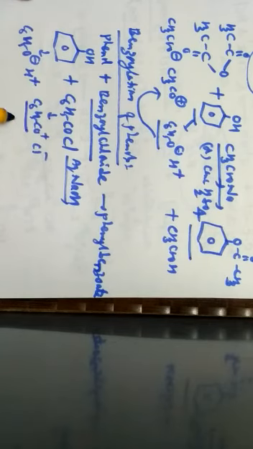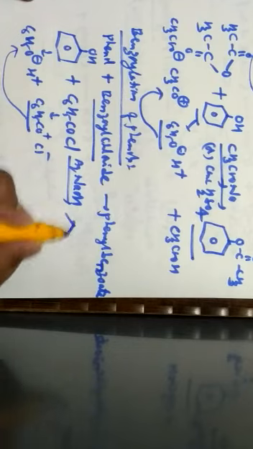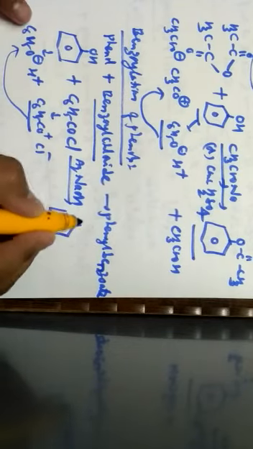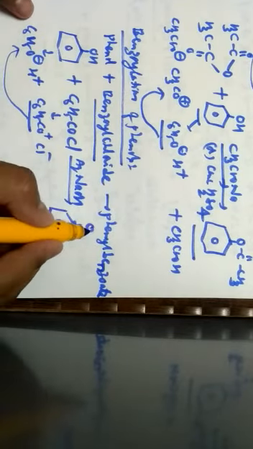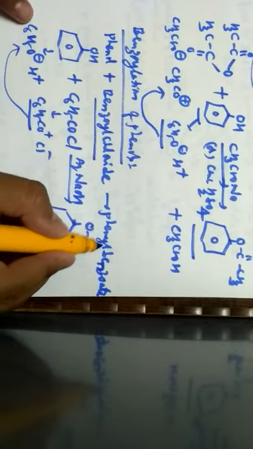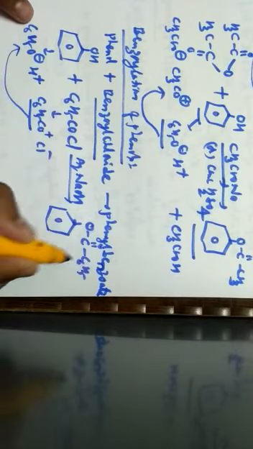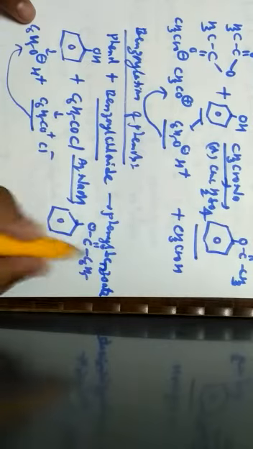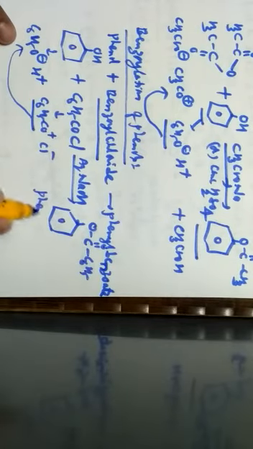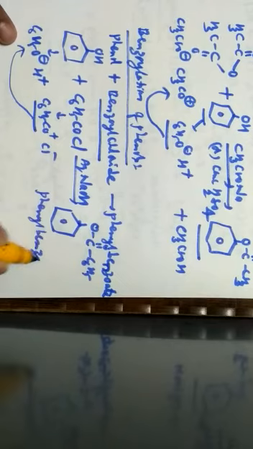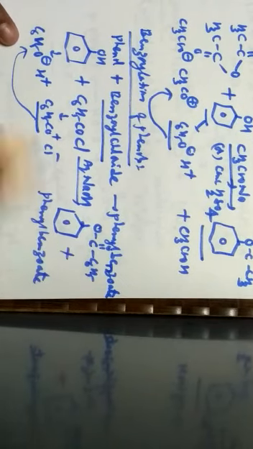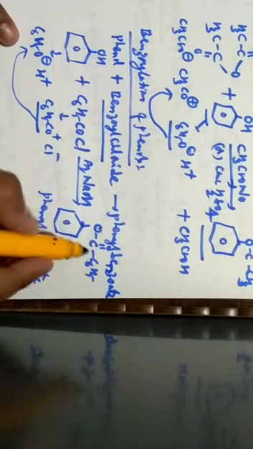Therefore, C6H5CO plus can combine with C6H5O minus, so that the product can be written as the phenate ion O minus combined with the CO plus, that is C double bond O, C6H5. This is the phenyl ring, this is the benzoate ring. I can call it phenyl benzoate. Along with this phenyl benzoate, the compound that is left out is H plus and Cl minus, which can readily give HCl.